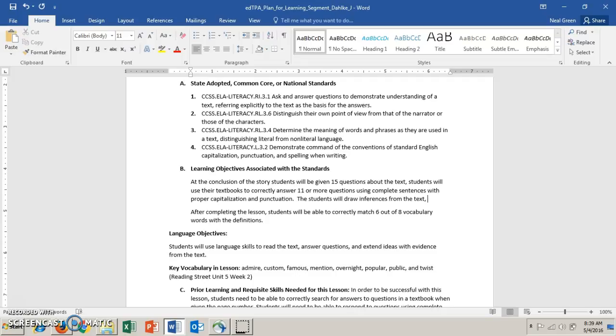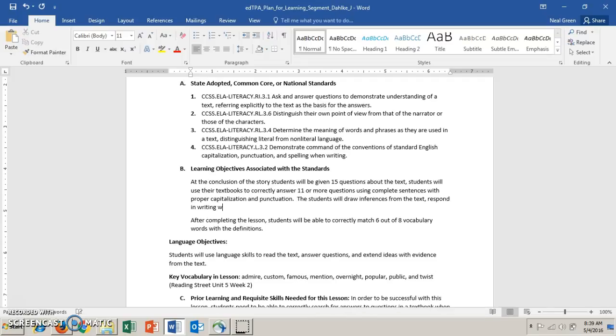Draw inferences from the text and respond in writing with proper capitalization and punctuation, or by using proper capitalization and punctuation. Writing it that way is more of a goal, with a goal in mind. You know what I mean? The way that you have it written here, it's just a statement of what they're going to do. It's an activity, which would go in another part of your plan.